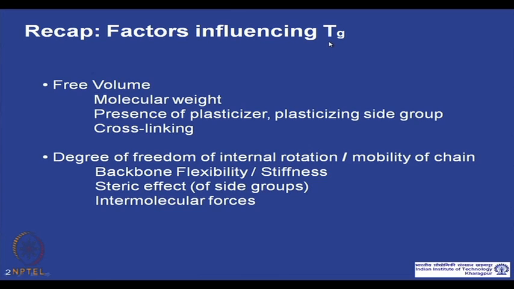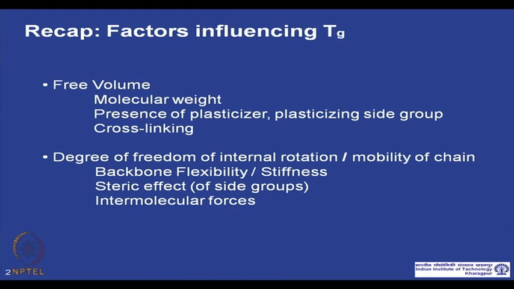Just to recap, the factors that influence the glass transition temperature we can mainly divide into two. One is free volume. Free volume is the volume in a polymer material which is not covered by the polymer molecules, and as we have seen, if we increase the free volume content in a polymeric sample, the polymer has more space to move around.